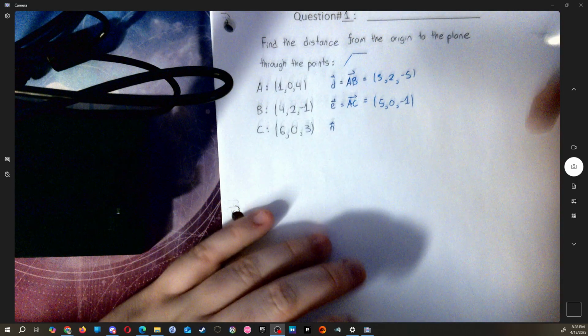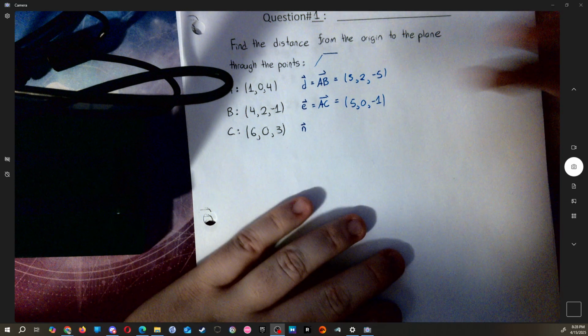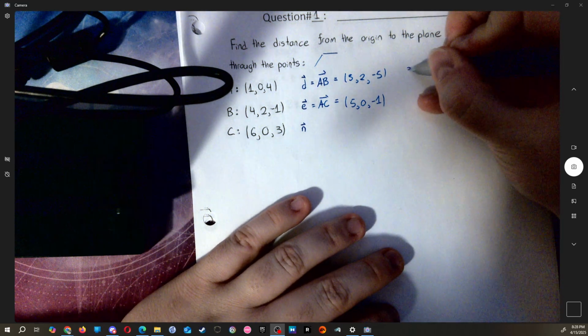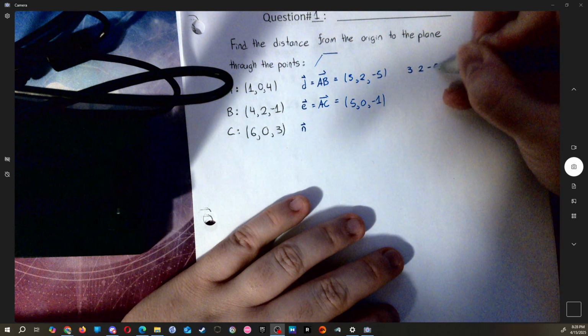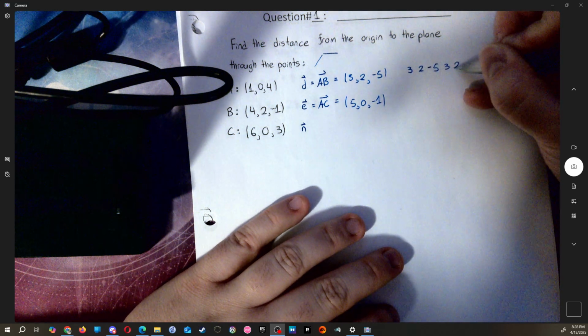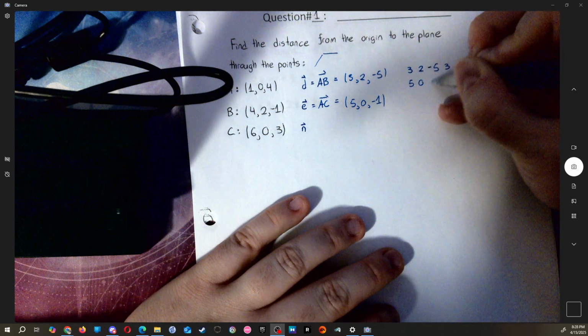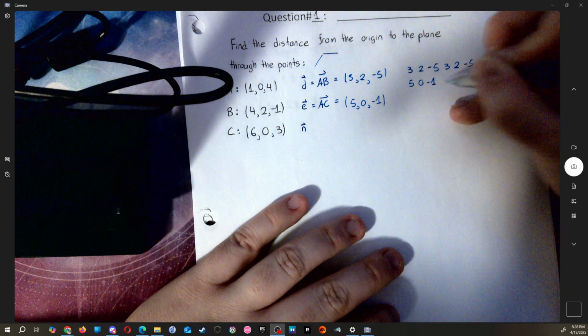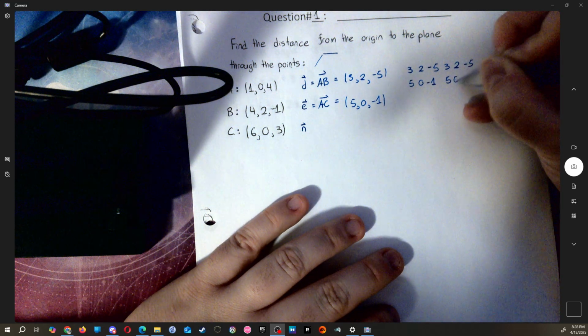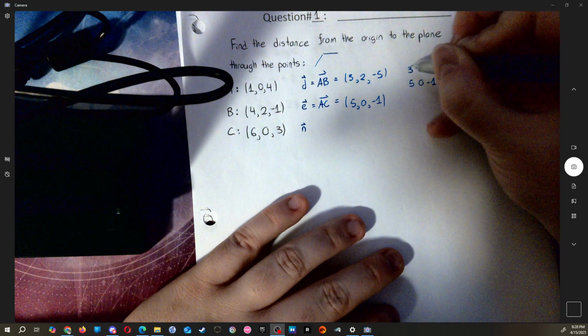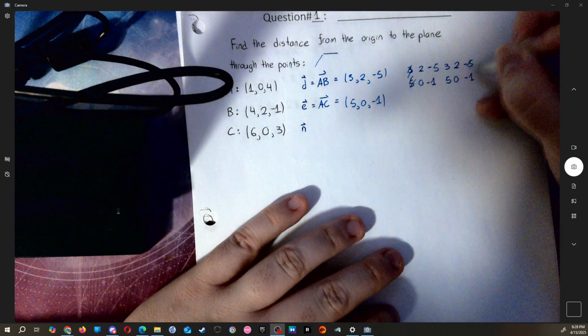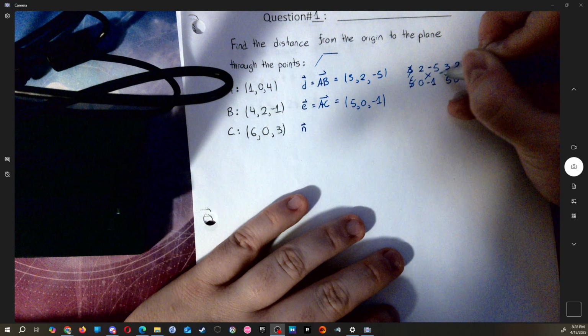And now, in order to get my normal, I do the cross product. So, again, you can do it this way, or I know some of you enjoy the matrix method because it's less tedious to write out your vectors twice, but the only thing with the matrix method is to not forget to flip the value of your j, so your middle value. So crossing out these two columns, and then doing my cross.